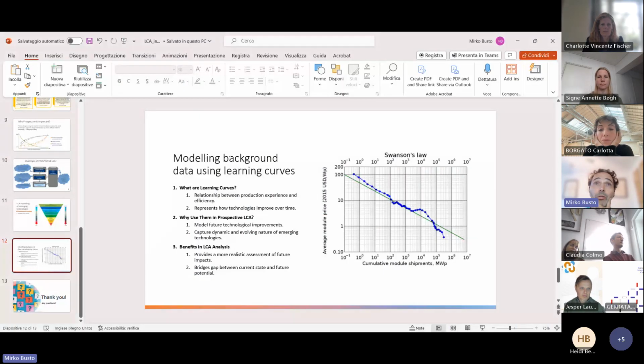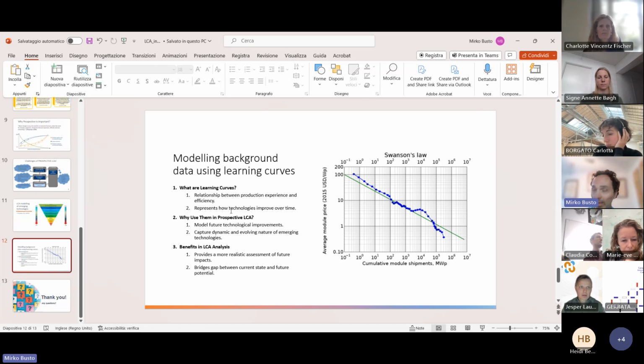So, how to model background data, background processes. As I told you earlier, we have many processes that are not under the direct control of our innovation, and we have to assume how these will develop in the future.